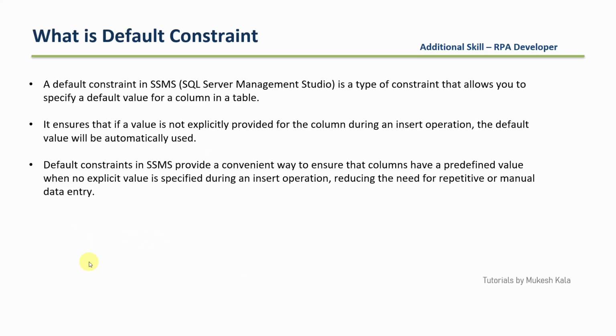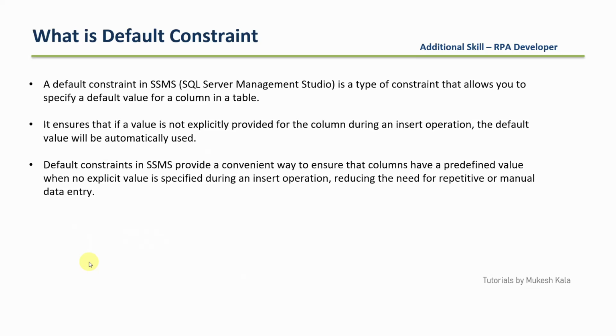Today we are going to see what exactly is our default constraint, right? Whenever I talk about a default constraint, as the name suggests, default is something when you want to have a default value for a column. For example, I am creating a database and I want to make sure that the default value is no, right?